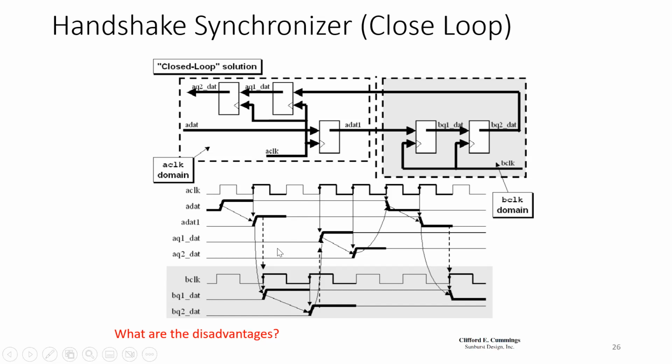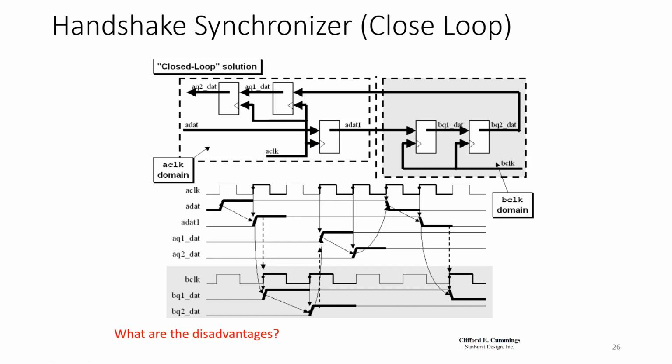Here, if we look at this A data 1, and I have BQ1 and I have BQ2. I have here A data 1, this one. Is this correct? BQ1?